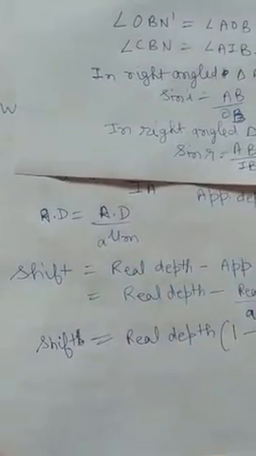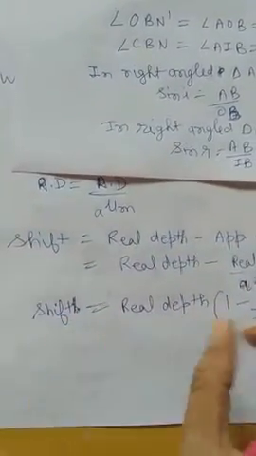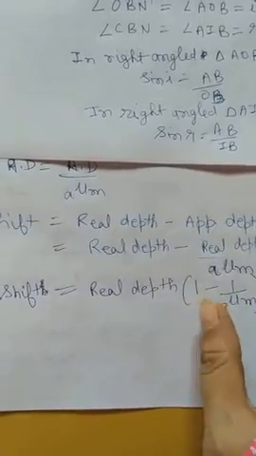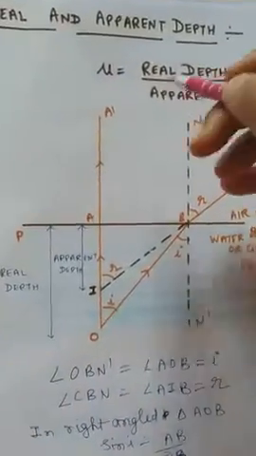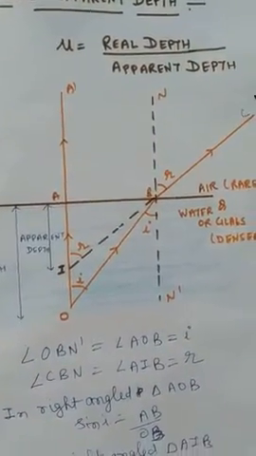Clear? So shift is the difference of real and apparent depth. Also shift is equal to real depth into 1 minus 1 upon A mu M. So this is how we derive this relation for proving mu is equal to real depth by apparent depth.